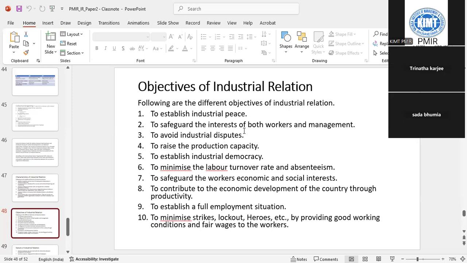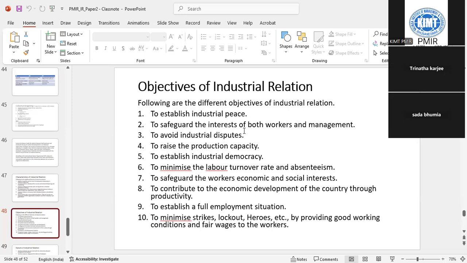Suppose the management is doing something so they can minimize the wages. Conflict will reduce to some extent. If you get a good salary, a good environment, good facilities, then the chance of conflict is very low. So that is another objective.